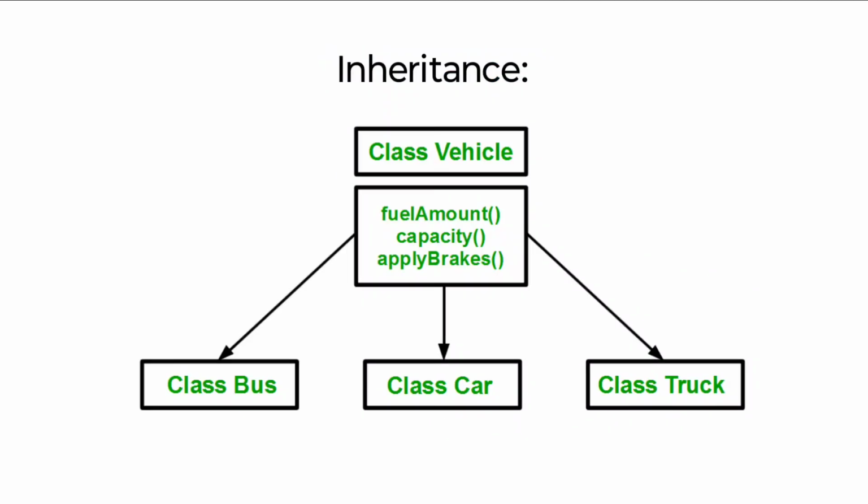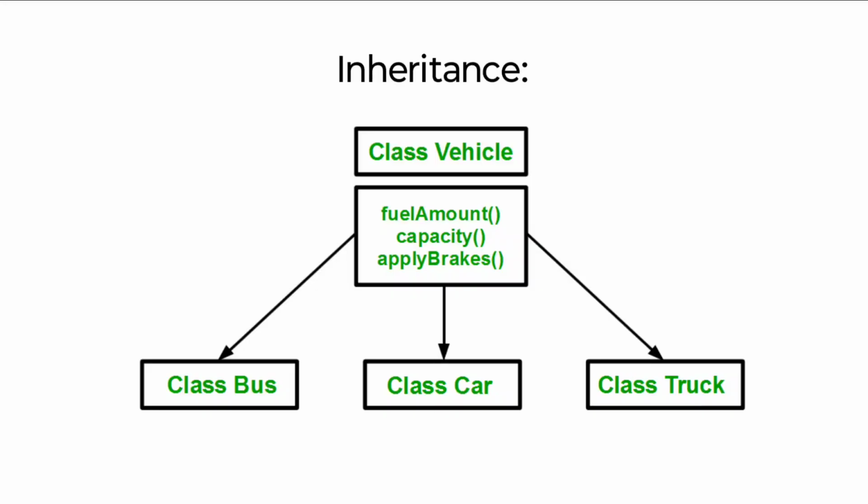Here we are given an example for inheritance. Class Vehicle has fuel, amount, capacity, and apply brakes. Inheritance means that from the class Vehicle we derive class Bus, class Car, and class Truck, right?